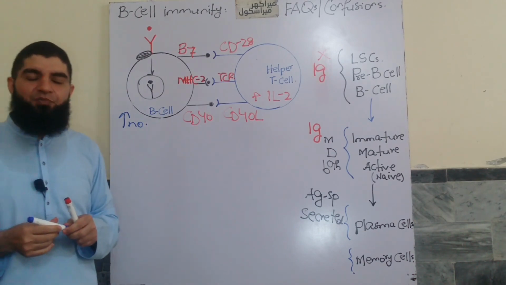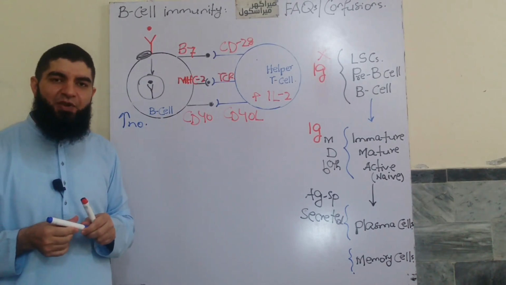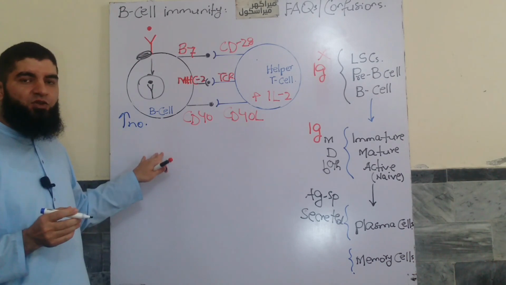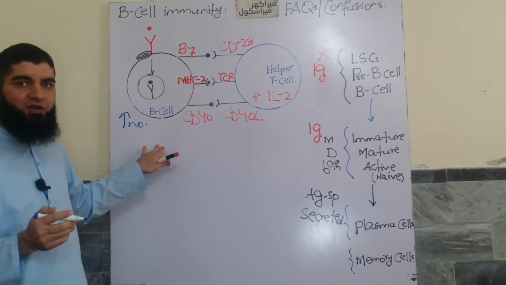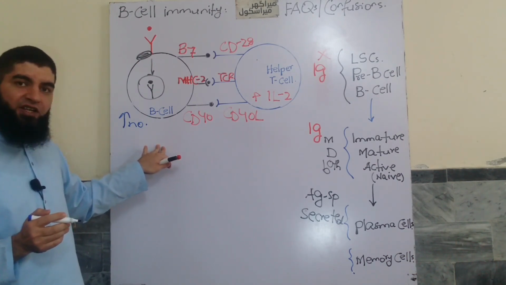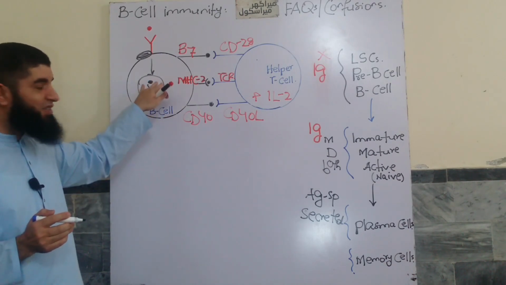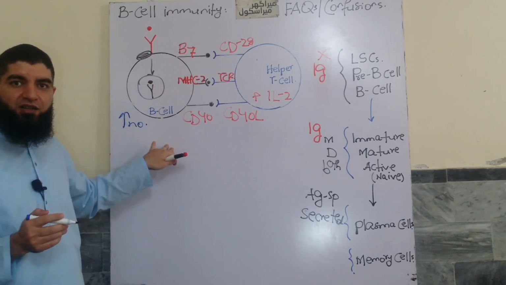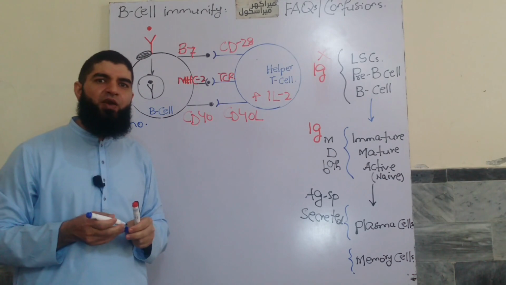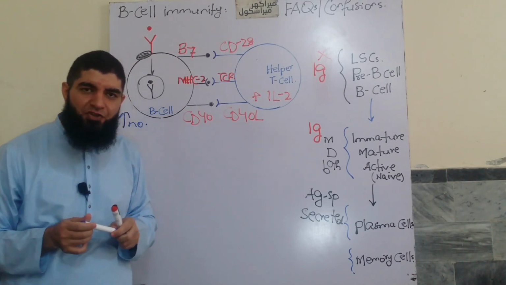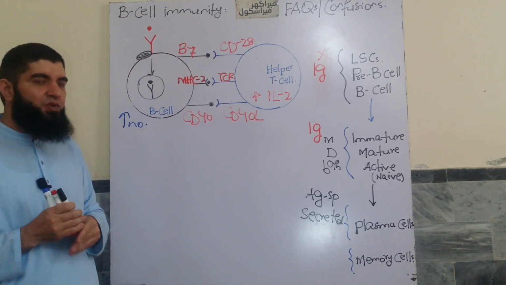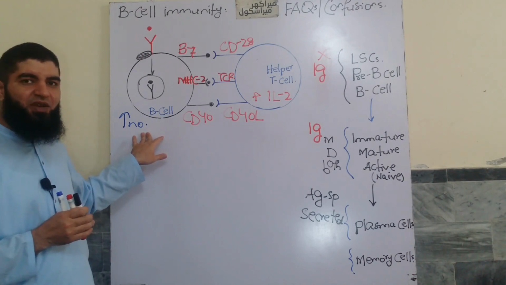It causes the proliferation or clonal expansion of the B cells so that they can increase their numbers. Interleukin 5 causes the B cells to differentiate. Differentiation is in a way attaining sufficient maturity and activation for the B cells to become antigen specific.